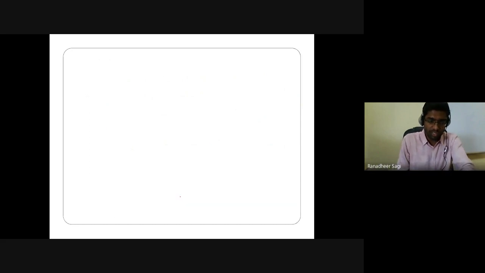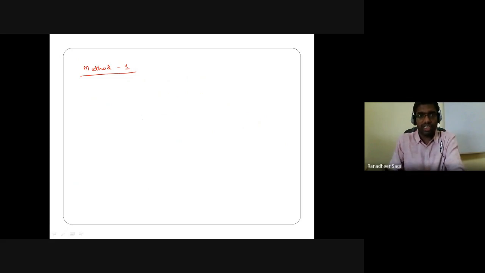So one of such methods, let's say we have got multiple methods. Let's say method 1. In method 1, it's once again the consolidation test that I am looking at.